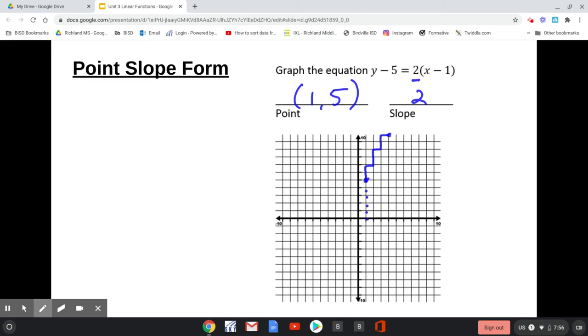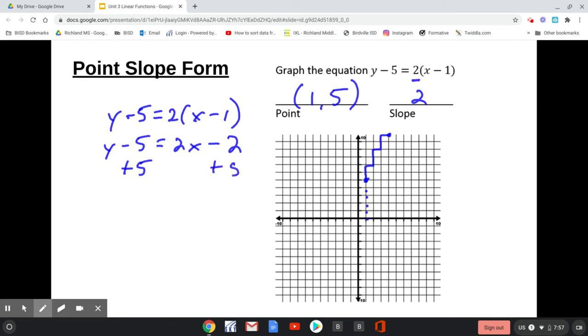Let's double check that by putting this in the y equals mx plus b form. Y minus 5 equals 2 times x minus 1. So y minus 5 equals 2x minus 2. Now we can add the 5 to both sides to get that out of the way.